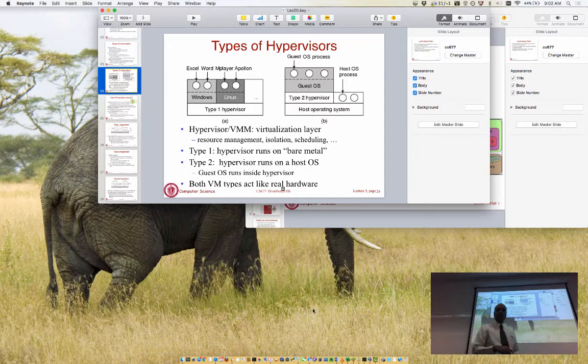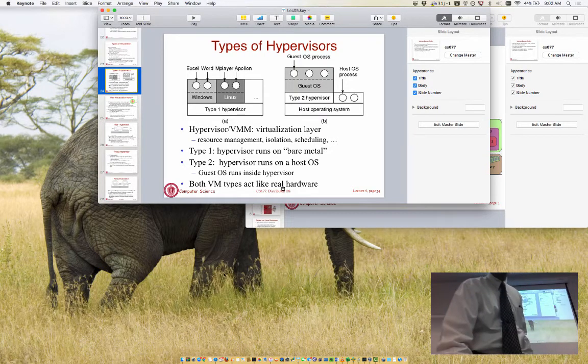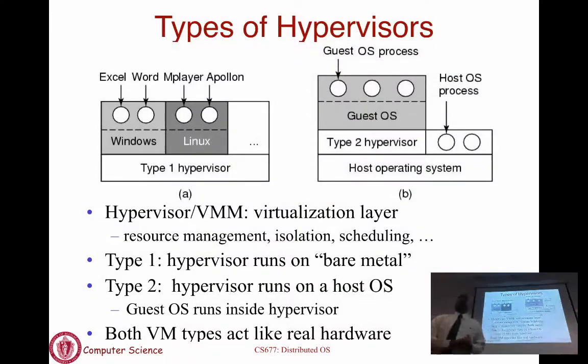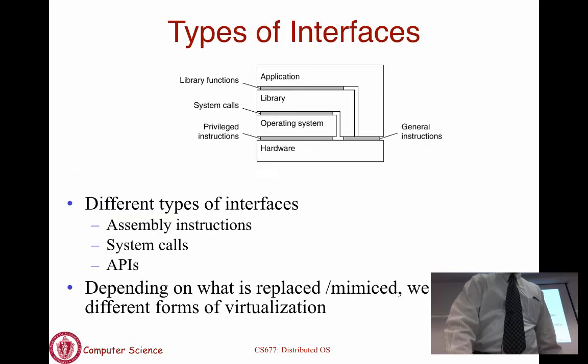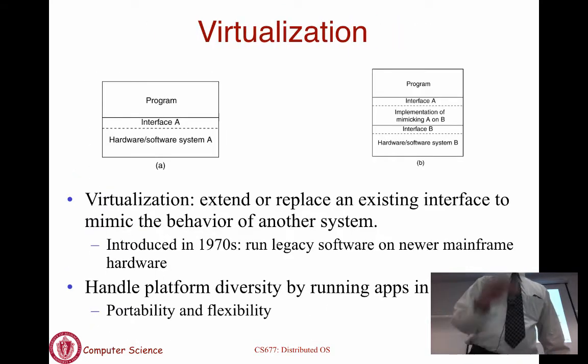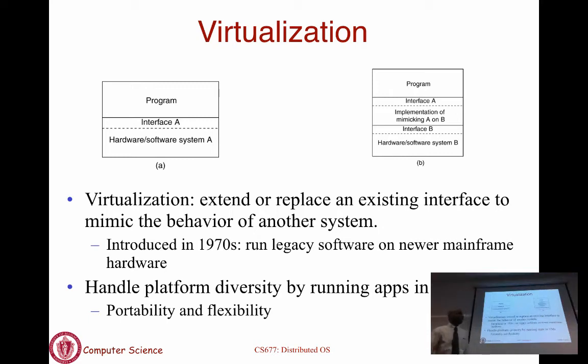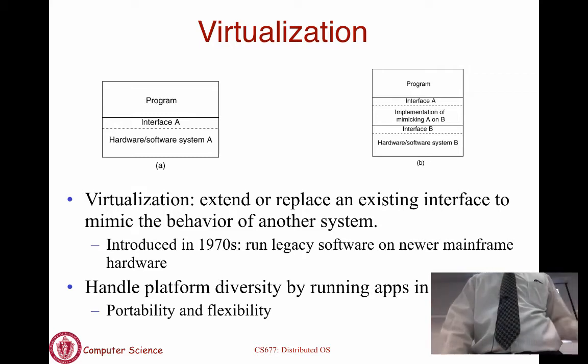Okay, so let's start with where we left off last time. We were talking about virtualization, and just to recap, virtualization is essentially a mechanism that extends or replaces one interface and uses it to mimic another one.